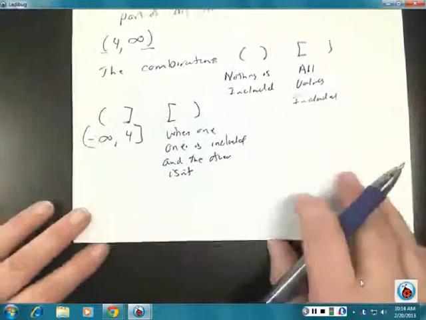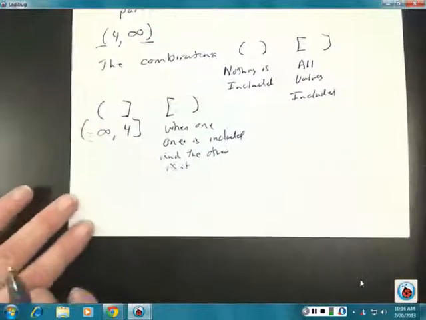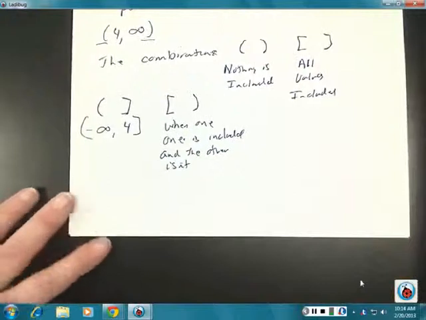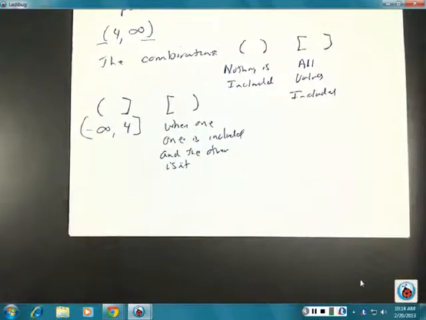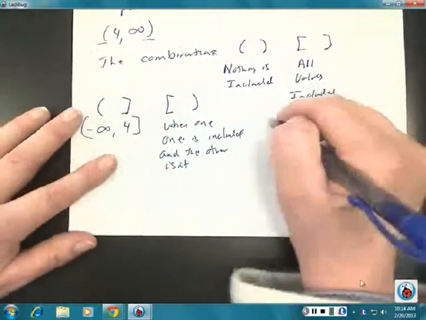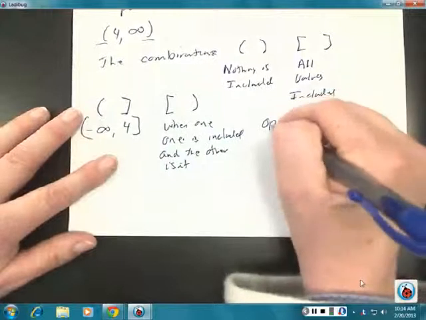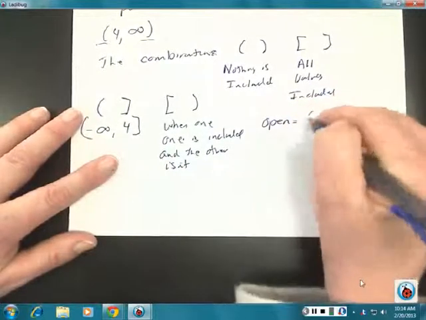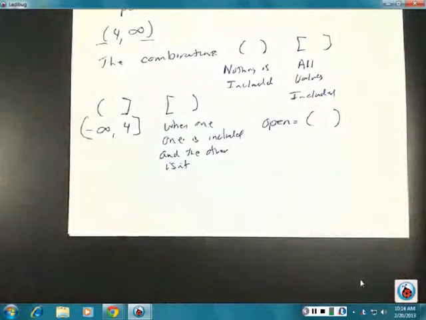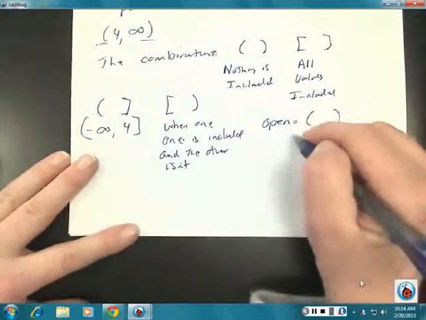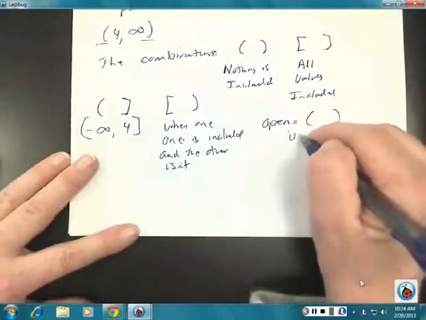And then they also say whether they're open or closed or half open. So if it's open, that means neither end is included, so values aren't included.